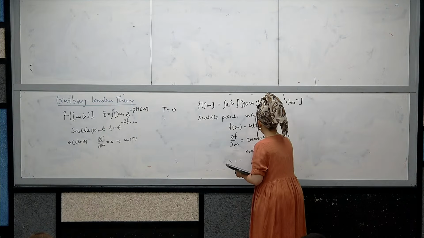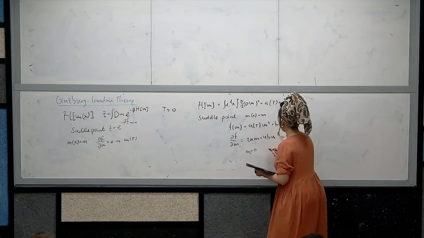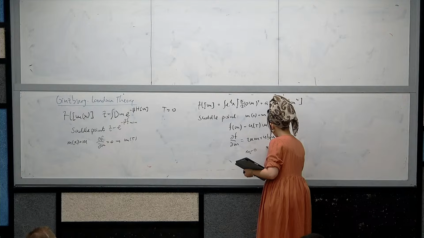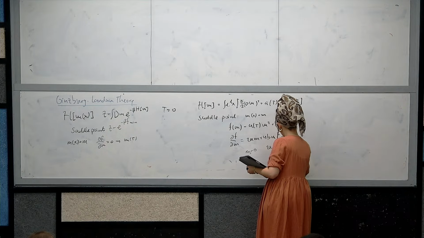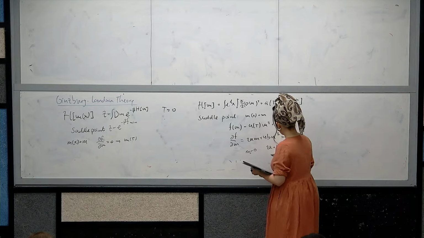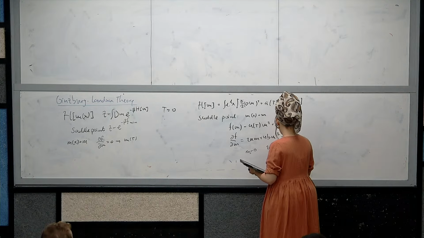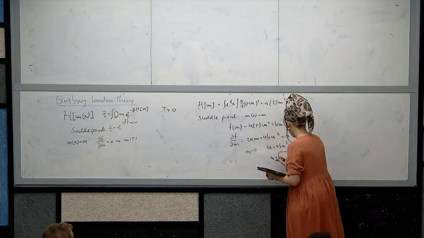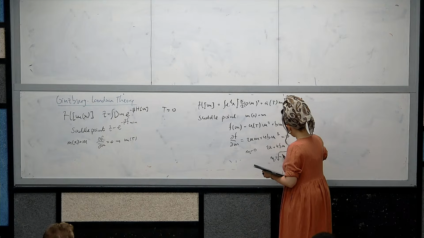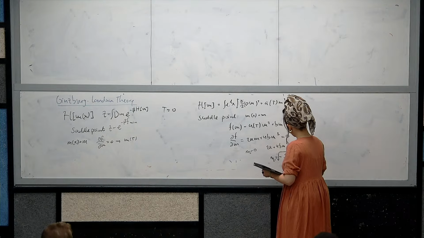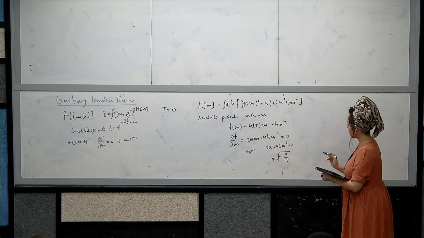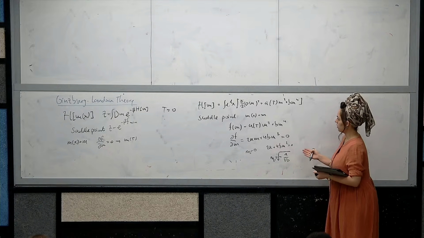And we have 3 solutions: m equals 0 and the other two. Okay, so this is the saddle point.